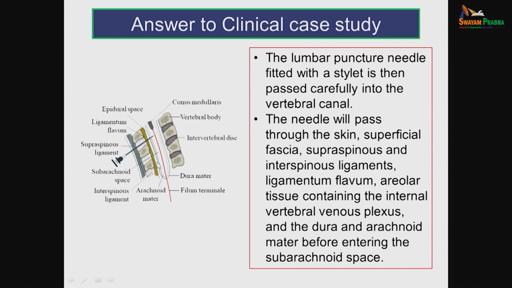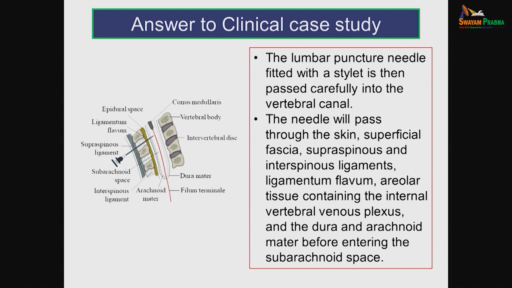We said the subarachnoid space is between the arachnoid mater and the pia mater. So, once it enters the subarachnoid space, the CSF can be withdrawn. That is the answer to this clinical case study.